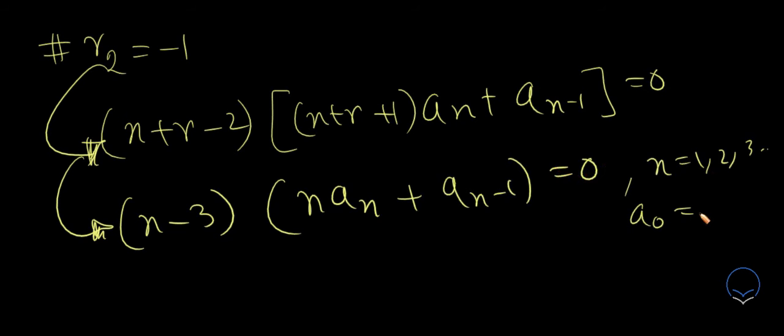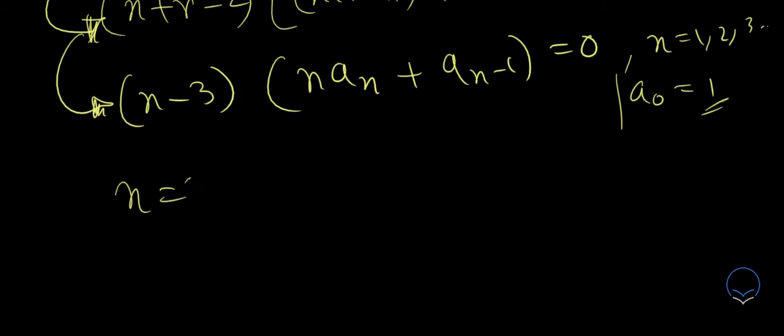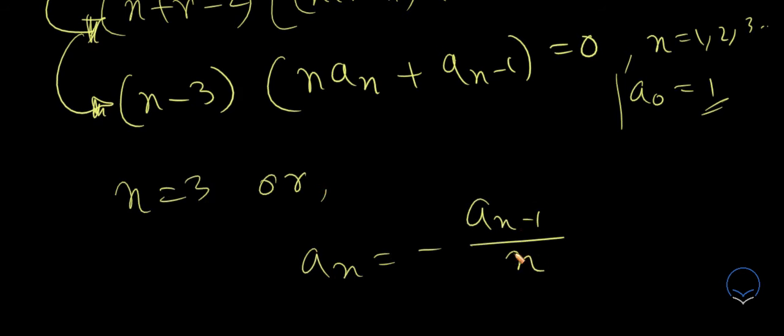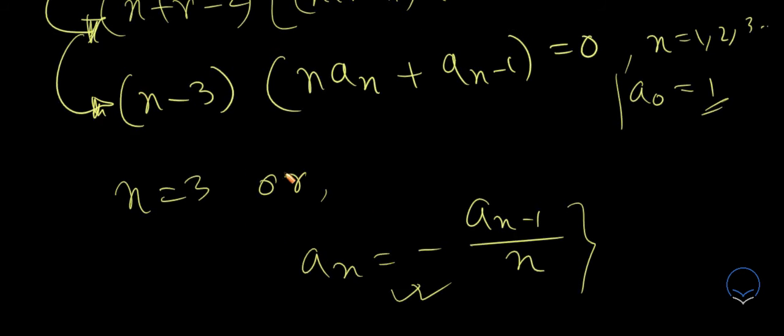Because a of 0 is already decided to be 1, that's what we took. Now this says that, for n not equal to 3, a of n is equal to minus a of n minus 1 divided by n, right? That's what it tells us. So this looks like a recursion relationship, and if you don't focus on this n equals 3 and you try to evaluate the terms, something wrong happens.